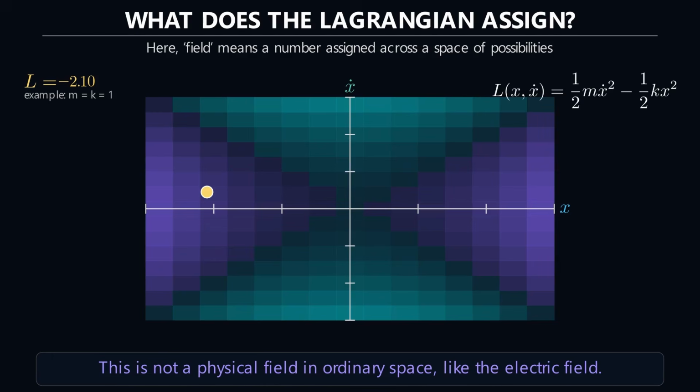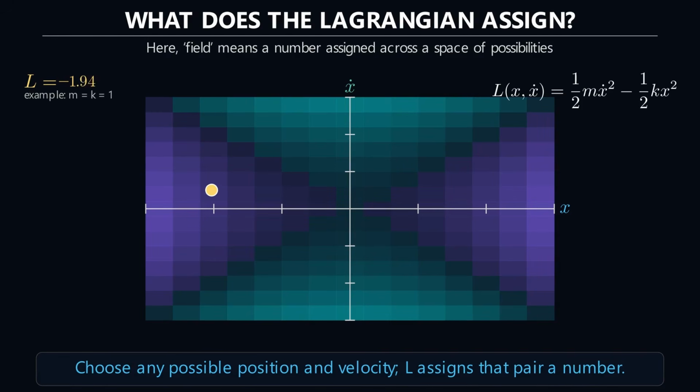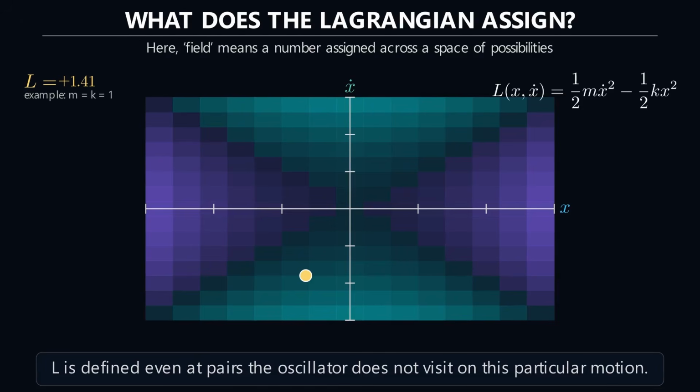The Lagrangian is not a physical field in space like the electric field. I am using the word loosely because L assigns one number to every possible pair of x and x dot. In other words, we choose a possible position and a possible velocity, plug them into the Lagrangian, and get a number. We can do that whether or not the mass actually has that position and velocity during the motion we are studying.